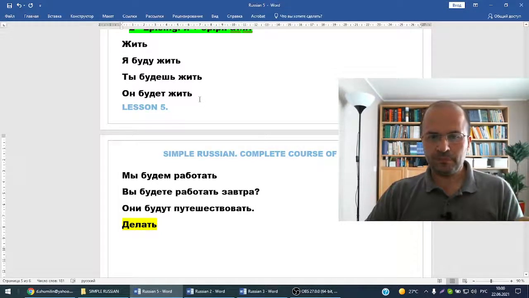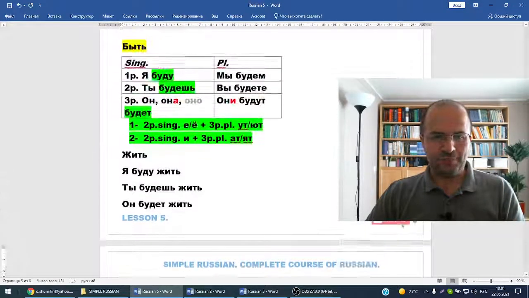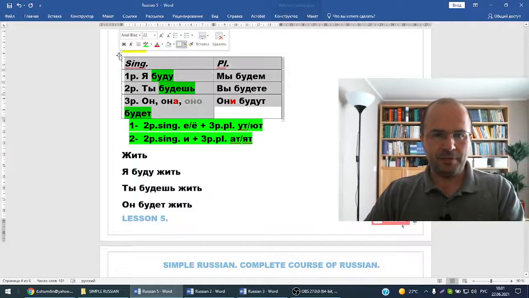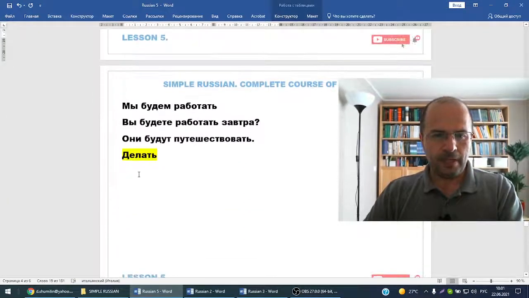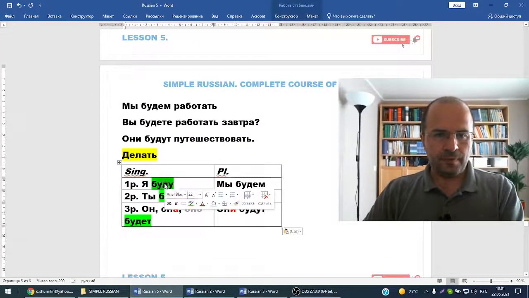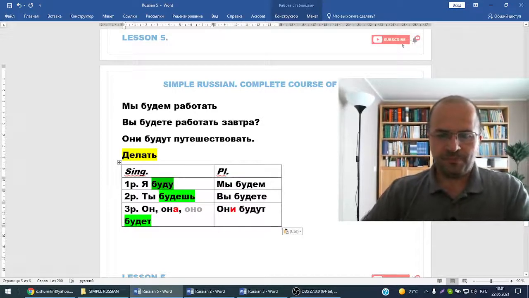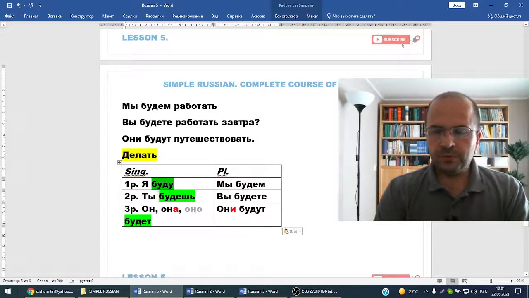Okay? Now we'll learn another verb, which is the verb делать. Okay? First conjugation as well. Okay? I'll take my table, I'll put it here, and I'll write for you the forms of the verb to do or to make, делать.